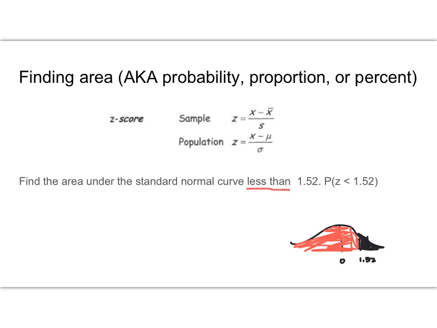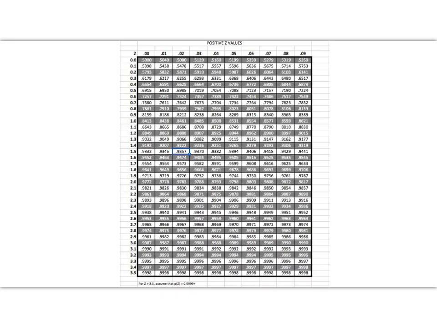All right, again, I need to go to a table. This time, you'll see that I'm going to a table of positive z values. And I'm looking for the area to the left of 1.52. That's a 7. It needs to be a 2.